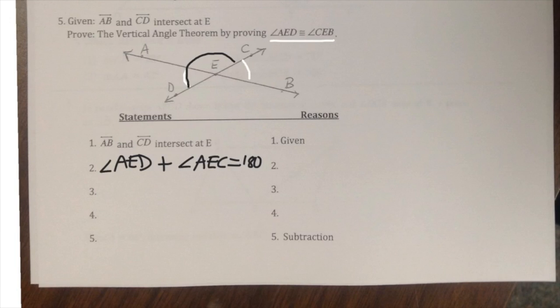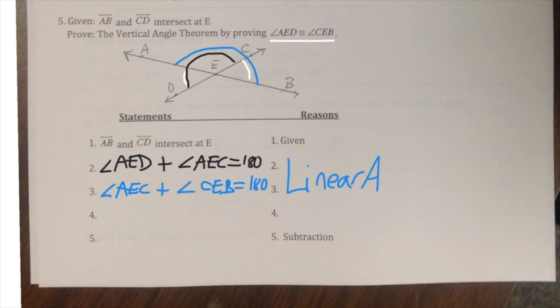I could also say that these two angles make 180 degrees as well. So angle AEC plus angle CEB makes 180 degrees. And the reasons for both of those would be that linear angles make 180 degrees.